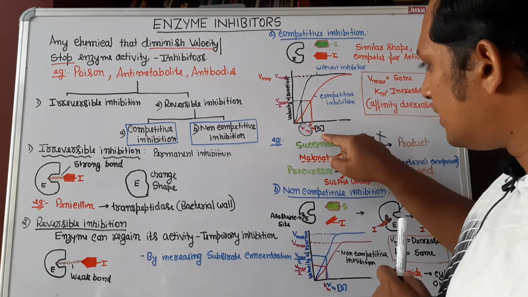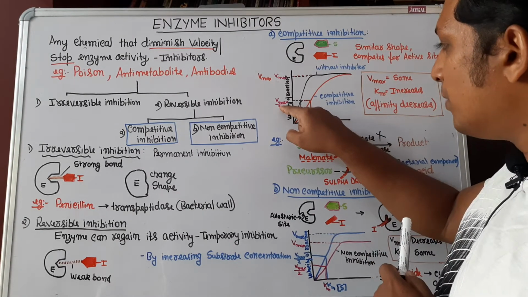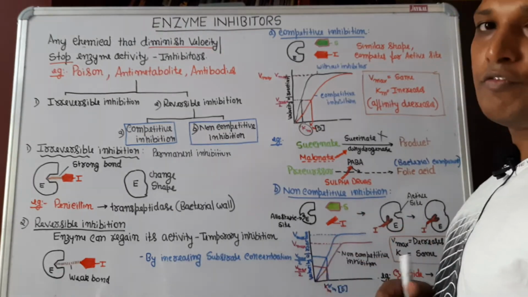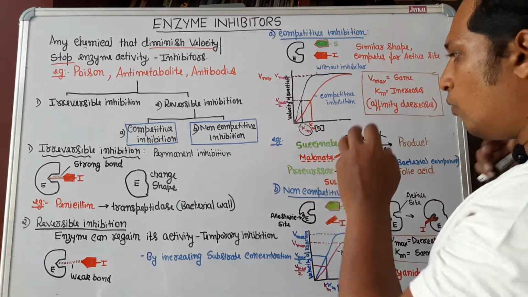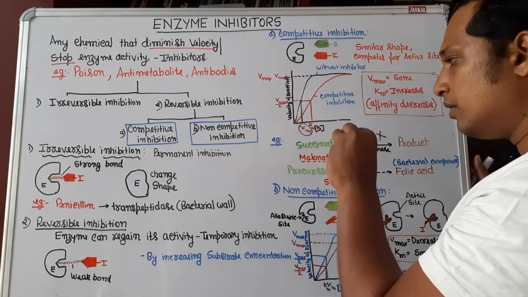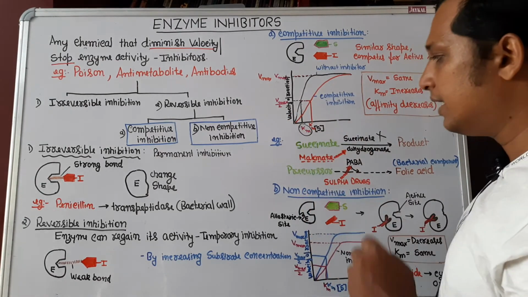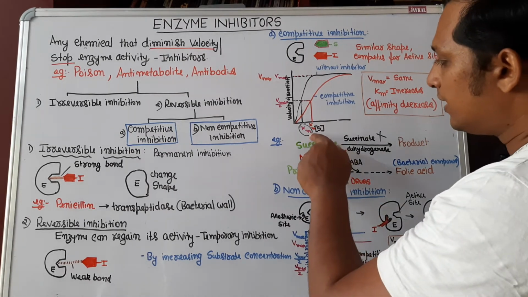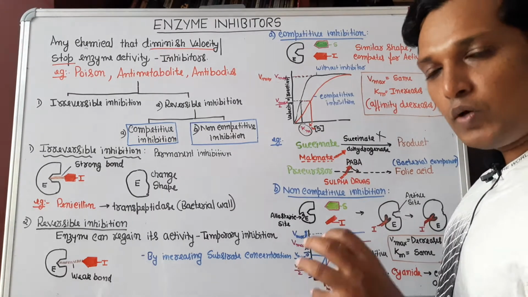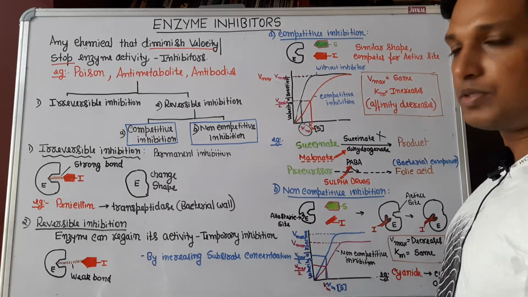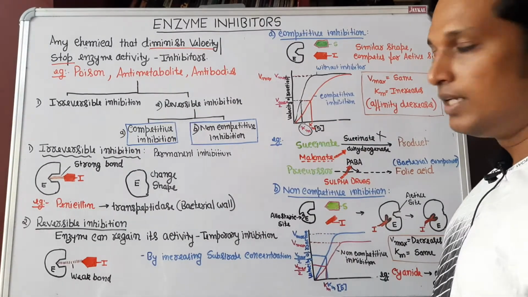Km indicates the substrate concentration at which half of the maximum velocity is reached. It also indicates the affinity of the enzyme towards the substrate, which is one more way to say how much that particular enzyme loves the substrate. That is known as affinity.